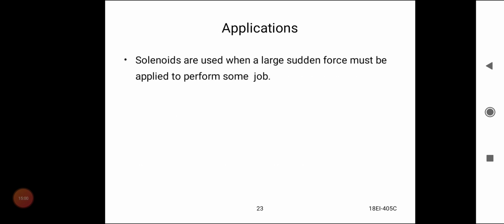Applications we can see here. Solenoids are used when a large sudden force must be applied to perform some job.